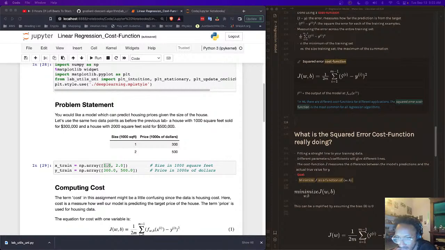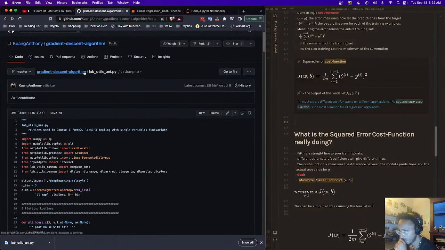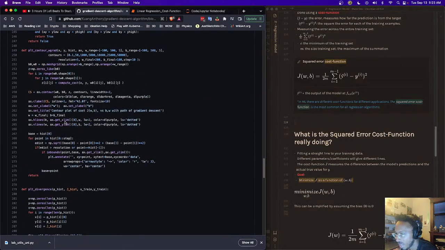And they don't provide that file because they expect you to just do this within their own thing. But I'm looking through the files for their notebook and trying to see if I can find that utility file so I can download it and use it myself. And I think I might have found it, because I had originally gotten this one, but I didn't realize this is maybe a proprietary thing.